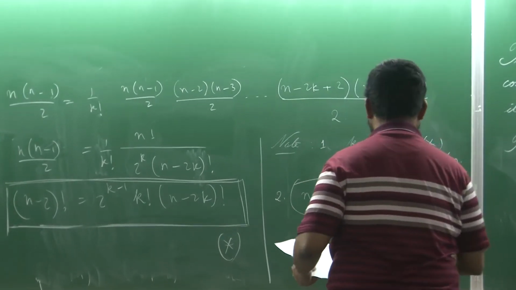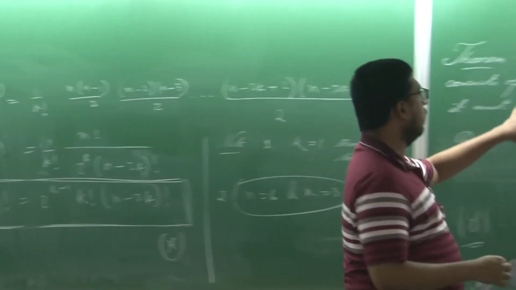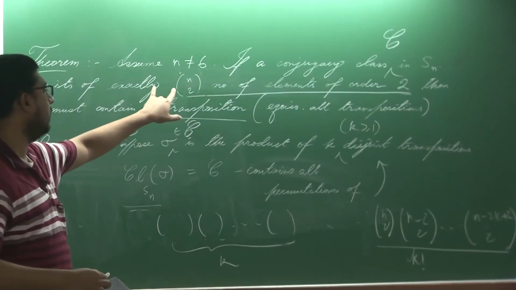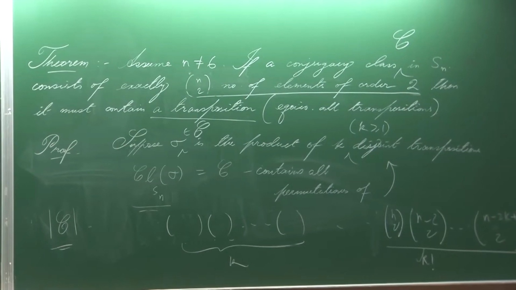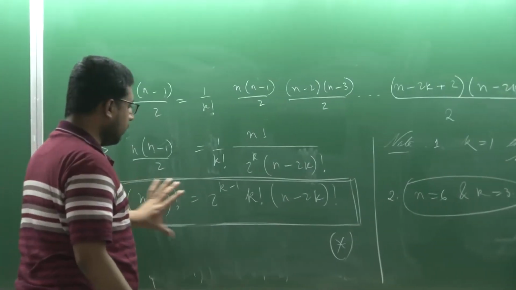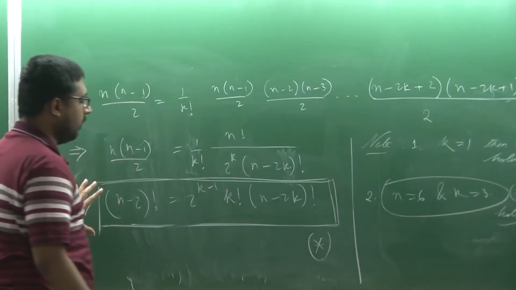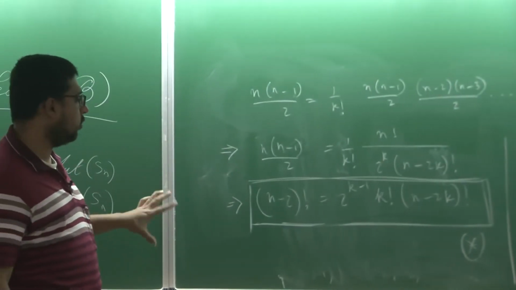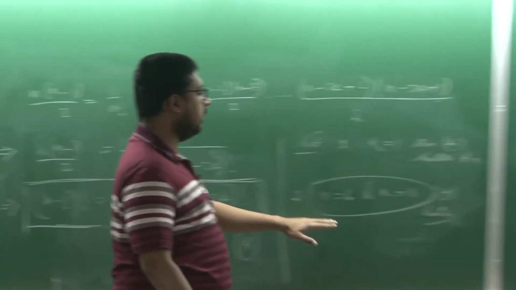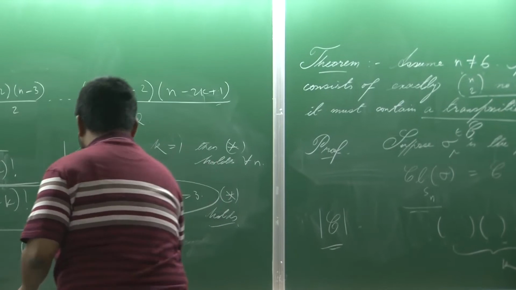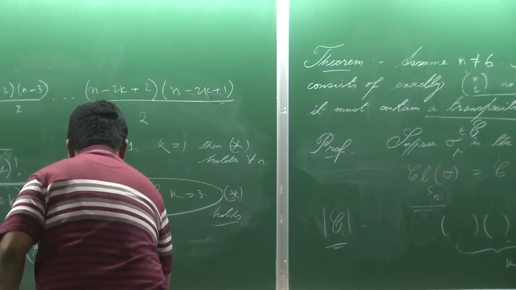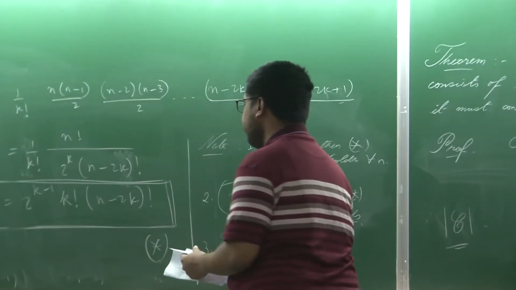So, do not get confused. Again, I am telling you that in our hypothesis n not equal to 6 is assumed. But if we just consider this as an independent formula and ask when this holds or not, you see in this case it holds, and I leave it as a direct verification.